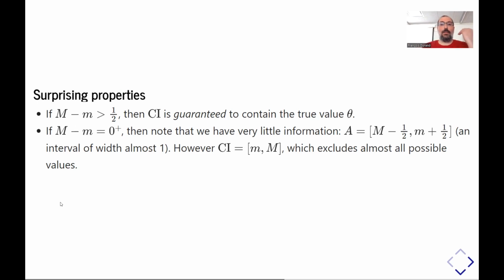On the other extreme, when big M minus small m is very, very small, you have very little information because all the possible values are on an interval of size 1. But the confidence interval will tell you it's between small m and big M, which is a very small interval that excludes almost all the possible values.